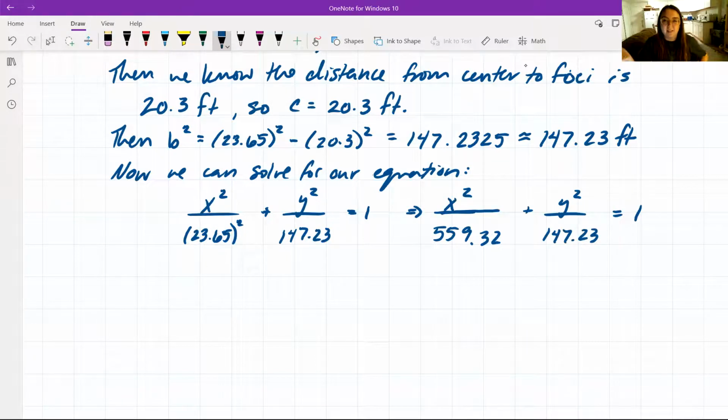This is 559.3225 technically, but we rounded a little bit, same as we rounded here as well. But you can write your answer in this form as well as leaving your 23.65 squared. But we do know that b squared is going to be 147.23, so we can leave it at that value. So up to you, either answer is considered correct.